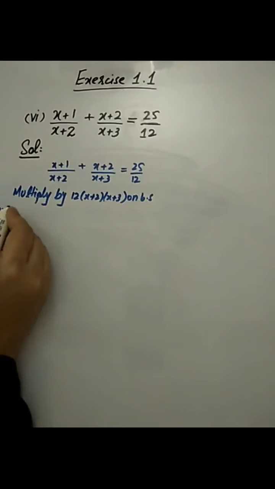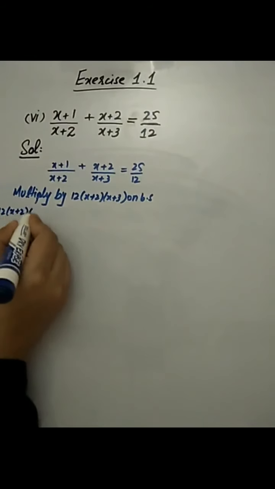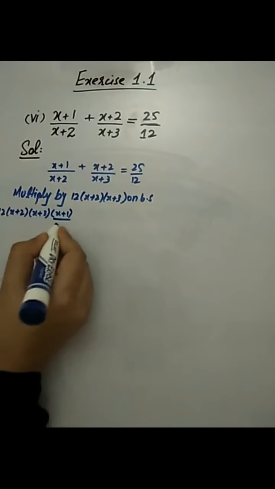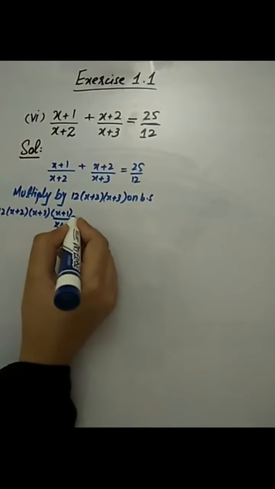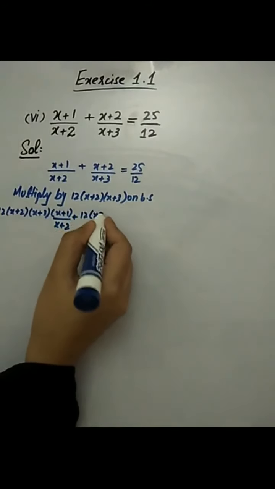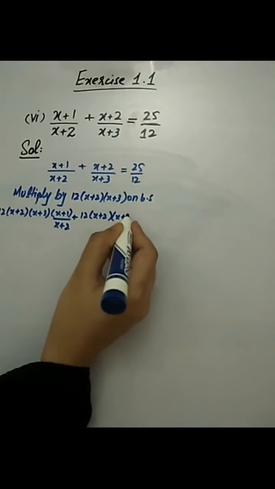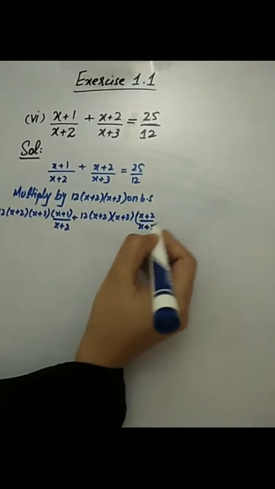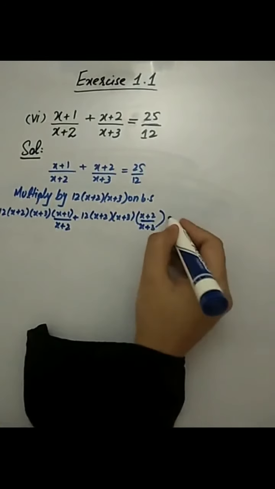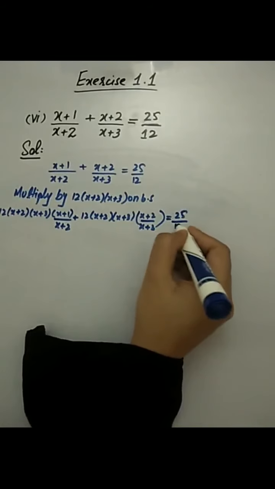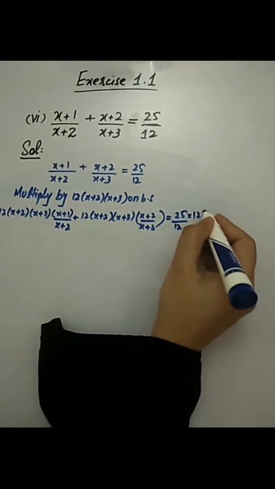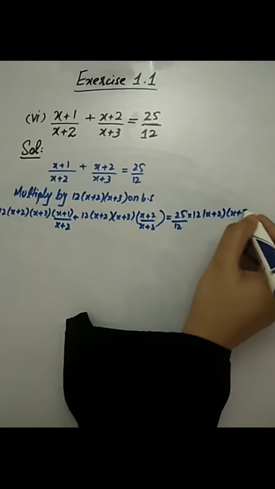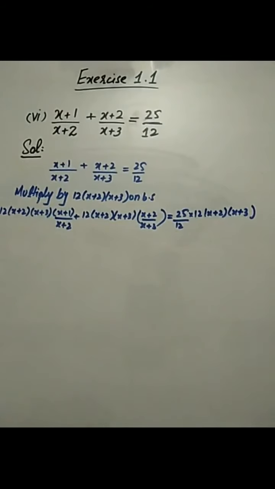So 12 x plus 2 x plus 3 multiply with x plus 1 over x plus 2 plus 12 x plus 2 x plus 3 multiply with x plus 2 over x plus 3, and then we have 25 over 12 multiply by 12 x plus 2 x plus 3. Clear?